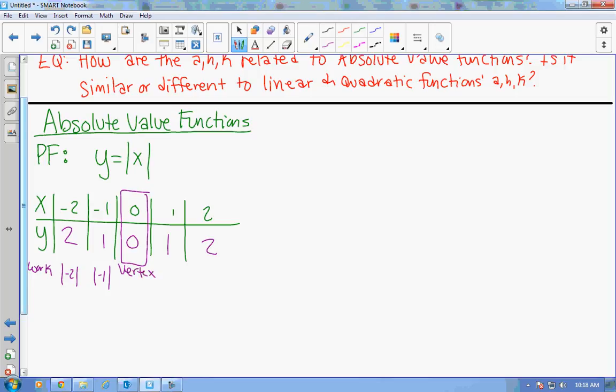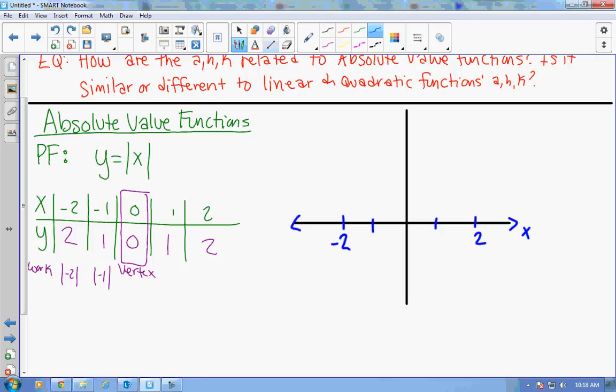Okay, let's make a graph and plot these and see what it looks like. You can use the edge of your calculator if you need help drawing a straight line. Our x's only go from -2 to +2, and our y's look like they are all positive or 0.